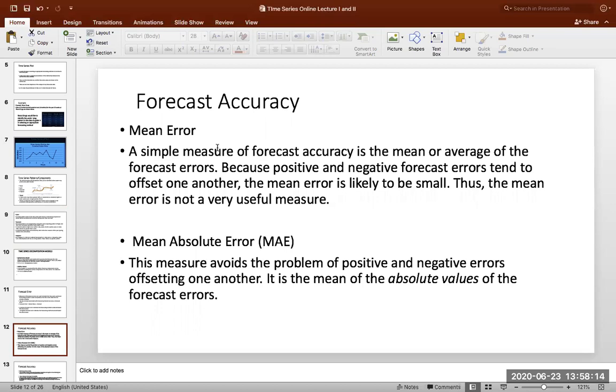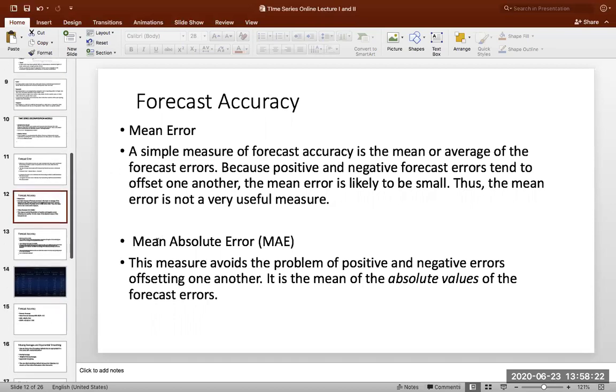So the negatives may cancel the positives and you end up getting a smaller value. So the best way is to use the mean absolute error. And with that one, when the value is negative, you change it to positive. I think the example will demonstrate it well for you to see.